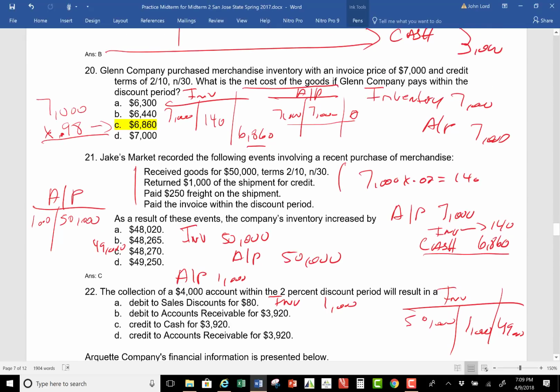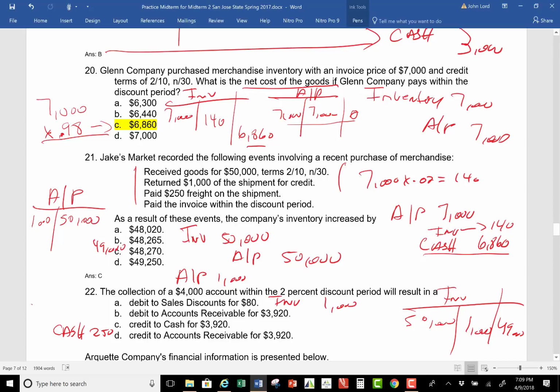Then what? Paid 250 on the shipment. If I pay the shipment, I usually pay that in cash, don't I? So I credit cash 250. What do you want me to debit? Good.